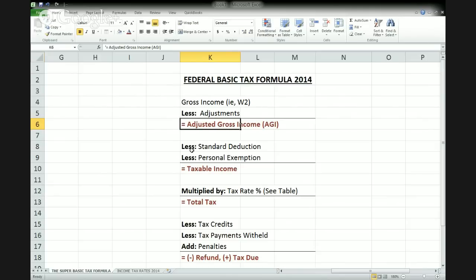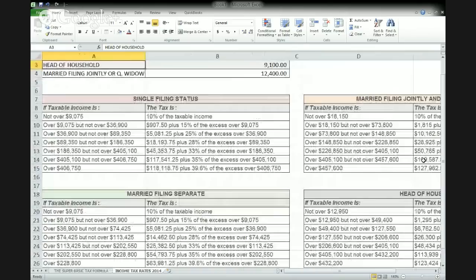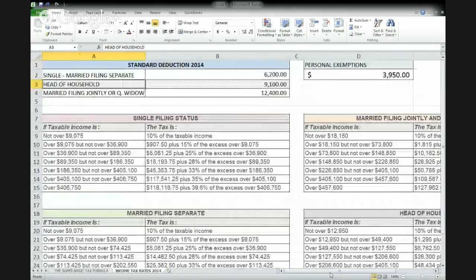After the adjusted gross income, you will have to figure out what your standard deduction is and what your personal exemptions are. For your standard deduction for 2014, you have a table here. It depends on your filing status, whether you're married filing jointly, head of household, or single.